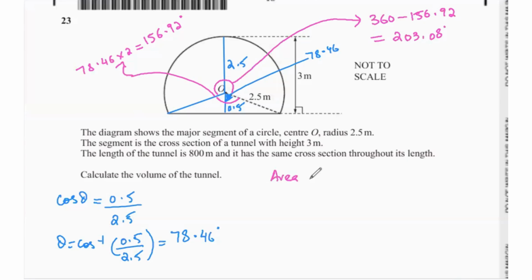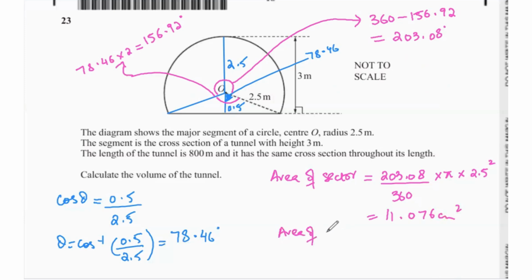So area of sector would be 203.08 divided by 360 times pi times r squared. The radius is the same, 2.5 squared. That's 203.08 divided by 360 times pi times 2.5 squared, which is 11.076 centimeters squared. Then the area of the triangle is 1/2 times 2.5 squared, because for this formula we need two lengths and the angle between them.